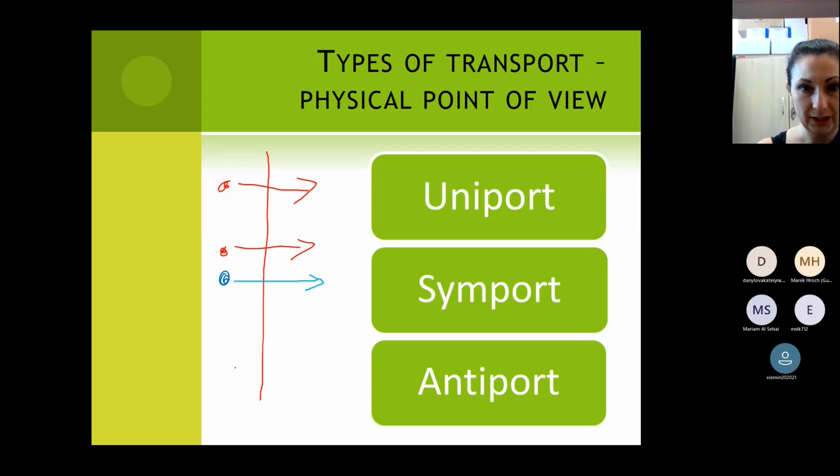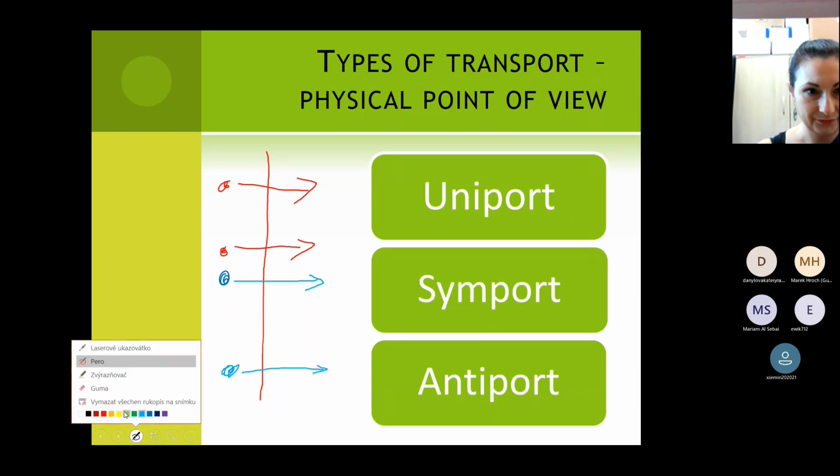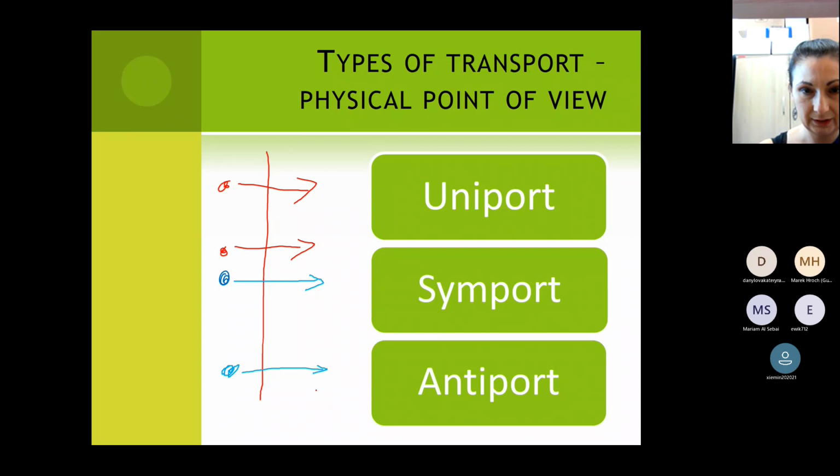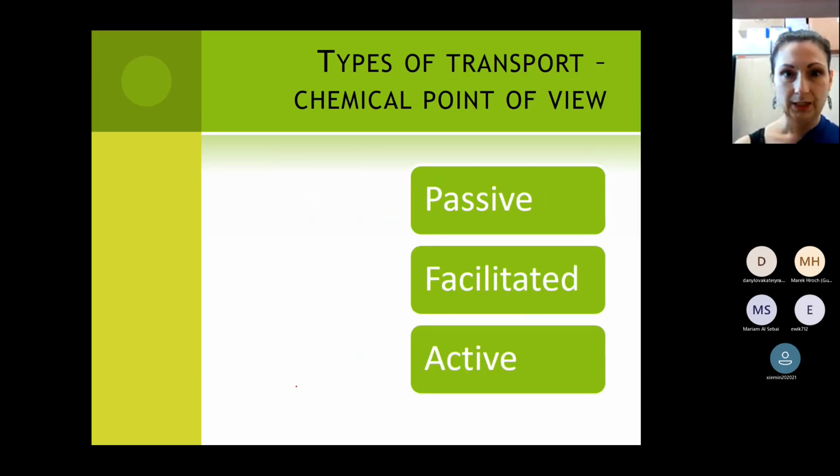And antiport means that at the same point, at the same time, we have a blue particle which goes in one direction, and we have a red particle which goes at the same moment to the opposite side. Again, this antiport supports somehow the transport of both particles. So this is the physical point of view.